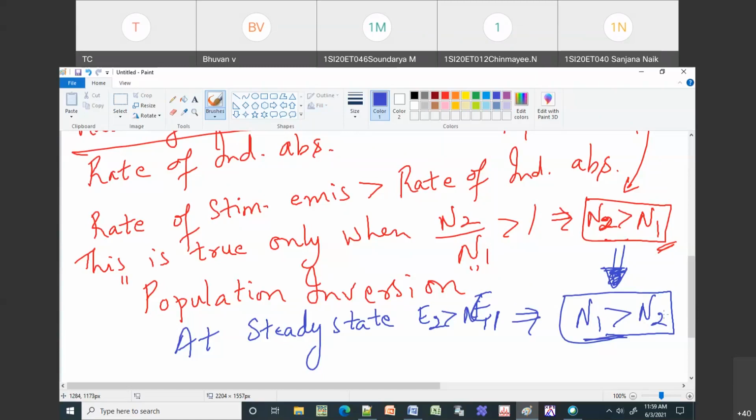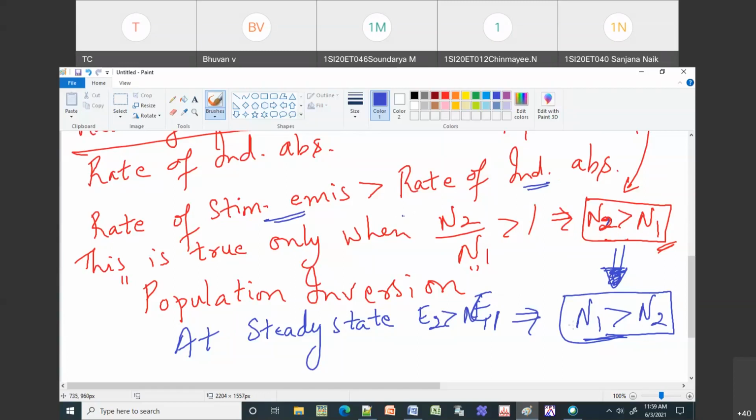But now, according to your Einstein theory, if I want to have more number of stimulated emission compared to the rate of induced absorption, then I should have N2 greater than N1. That means the number of atoms in higher energy should be more than the number of atoms in the lower energy. Only in that case, I can override. Override means I can suppress induced absorption and I can have only stimulated emission.